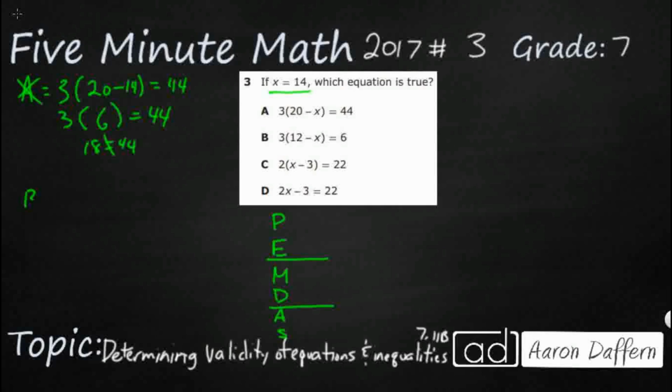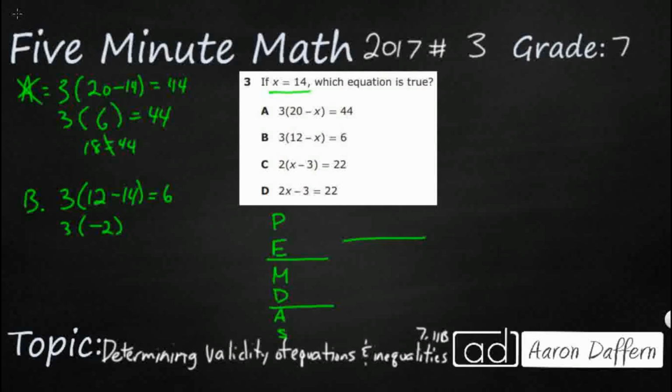Let's check B. So 3 times (12 minus x). X is 14, so let's just substitute 14 in there, equals 6. All right, so we're going to get a negative here, but let's start with the parentheses first. So 12 minus 14 is the same as going all the way to 0, 12 minus 12, and then 2 extra, so that's going to be a negative 2.